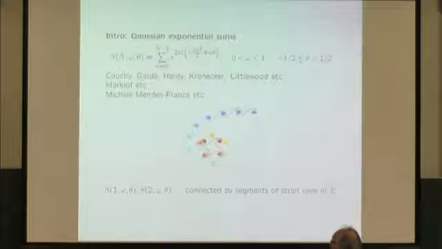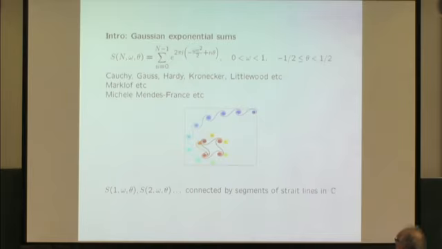I want to recall some results because they are closely related to the topic of today's talk. I'm going to speak first about Gaussian exponential sums, which are well known in number theory.